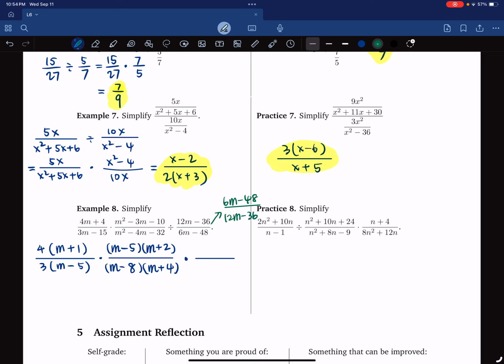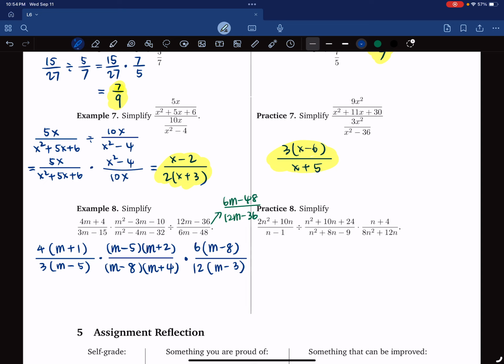And then I'm going to look at this green expression and factor it. So on the top, I can take out a common factor of 6, and that will give you m minus 8. And then for the denominator, I can take out a 12, and that will give me m minus 3.